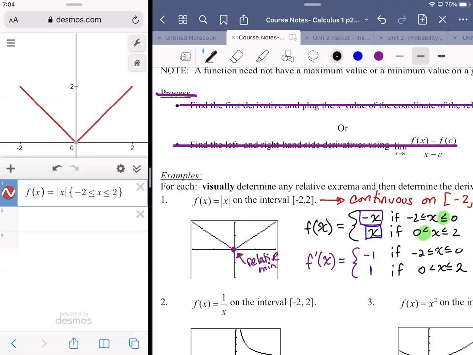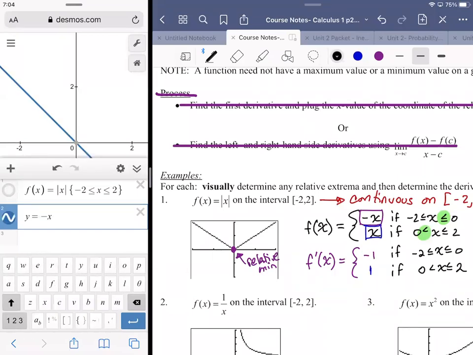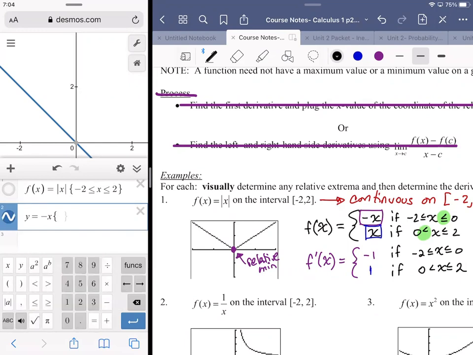All right, but let me rewrite this absolute value function as two separate pieces of a piecewise function. So y equals -x, going from -2 to 0.